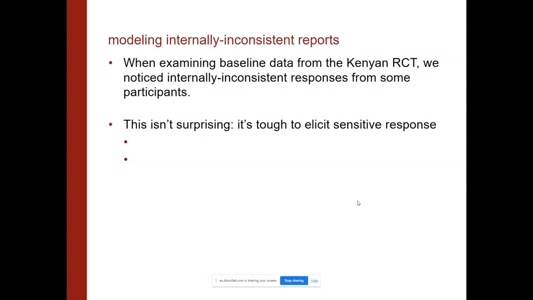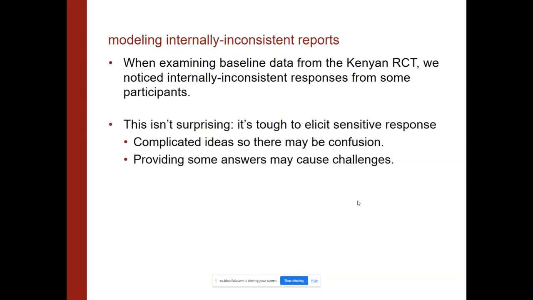This is not terribly surprising. If you've done work with humans, you end up with inconsistent results. And in this case, this is a complicated idea. It has to do with maybe these folks being young, maybe the confusion about consent.